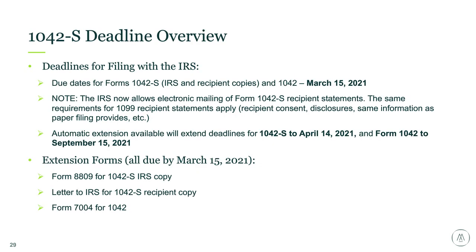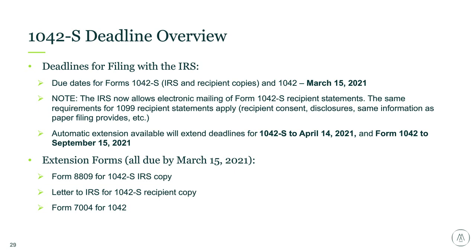Deadline overview, we have until March 15th to issue forms 1042-S, both IRS and recipient copies, and the form 1042. The IRS does now allow electronic mailing of Forms 1042-S recipient statements. You're going to follow those same requirements in Publication 1179 on www.irs.gov. And they're going to have the same requirements about consent and disclosures and types of things. There is an automatic extension available to extend the IRS or the 1042-S deadline to April 14th.